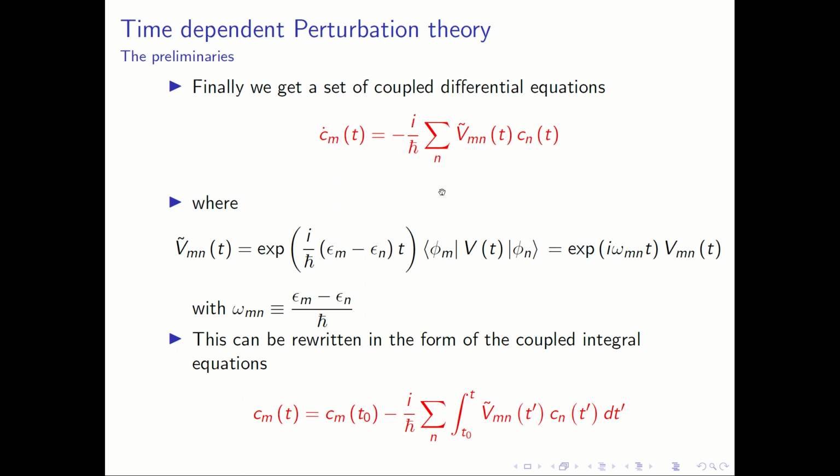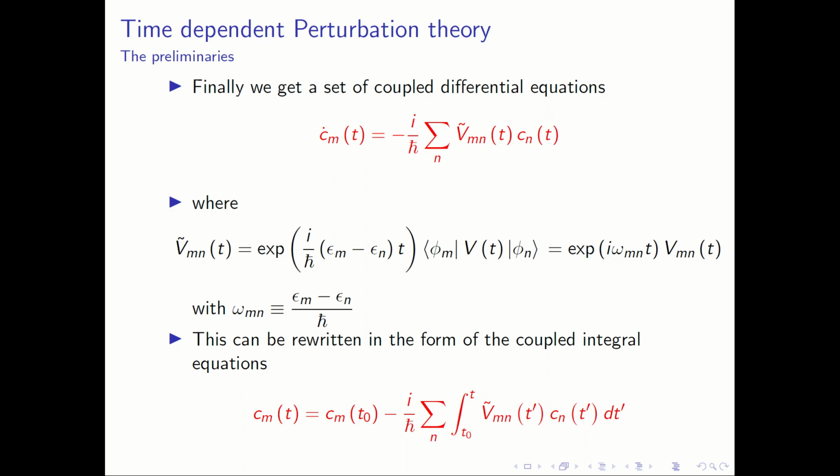Very straightforward. Now, is this a solution? Of course not, because the unknown quantities, the C_n(t), these unknown functions, are there on both sides of this expression. You have C_m(t) on this side, but we have the unknown C_n(t') on this side. So this really is not a solution.